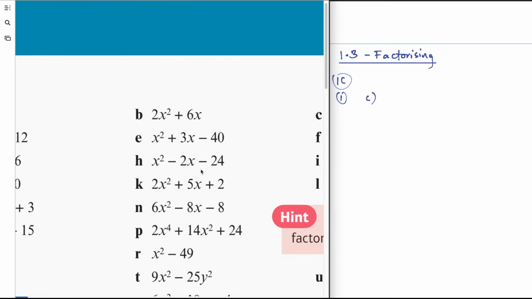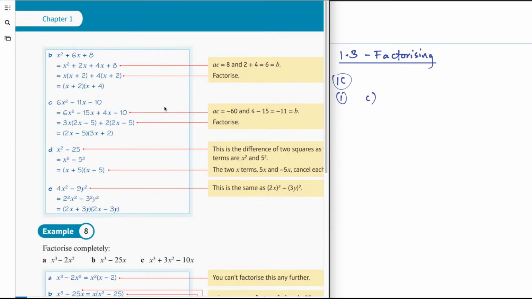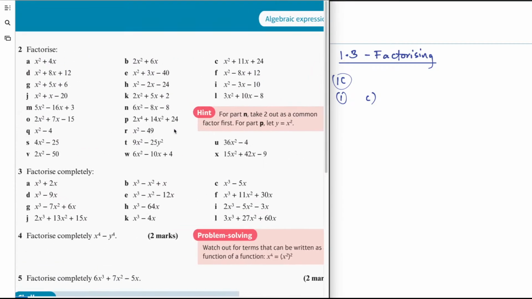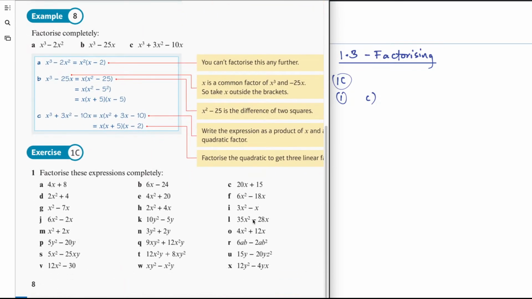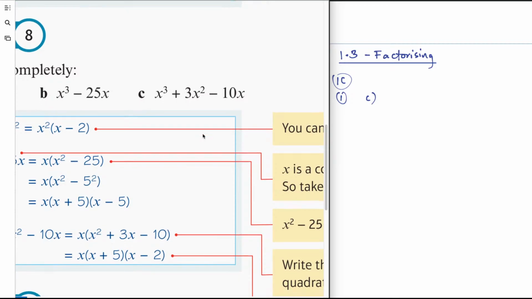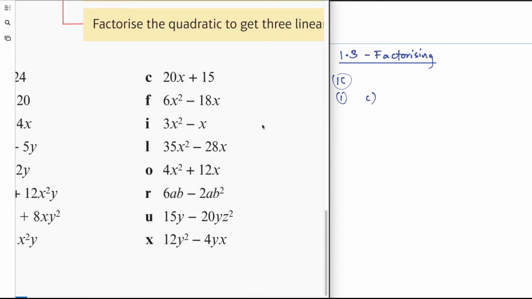Sorry about this. Wrong page. Okay, there we go. I'm going to work through these questions here. If you want to give those a go, I'm going to take a quick break and then come back and finish those off in a minute.